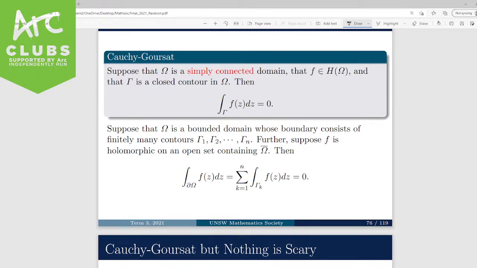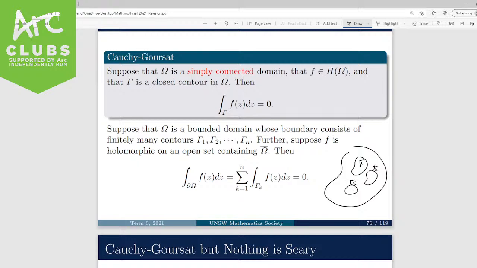The general form is technically down there. Your omega is a bounded domain, with boundary made up of gamma 1, gamma 2, gamma 3. So you can see how it's made up of a bunch of contours, but as long as your f still remains holomorphic on that entire open set containing whatever your omega is doing.